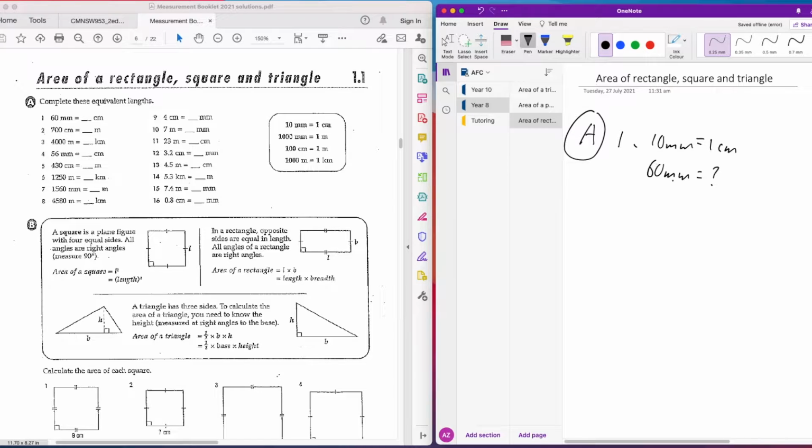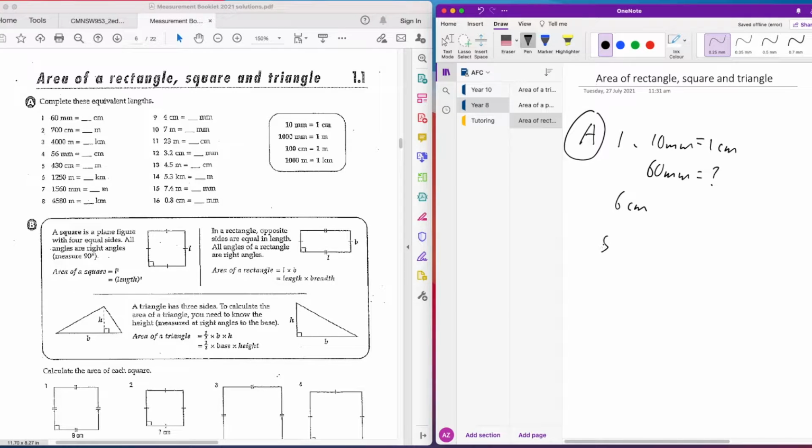Because you multiply by 6 to go from 10 millimeters to 60 millimeters, all you need to do is multiply by 6 to this number. So this should be equal to 6 centimeters. Hopefully that's not too difficult. I'll go through a few more examples.